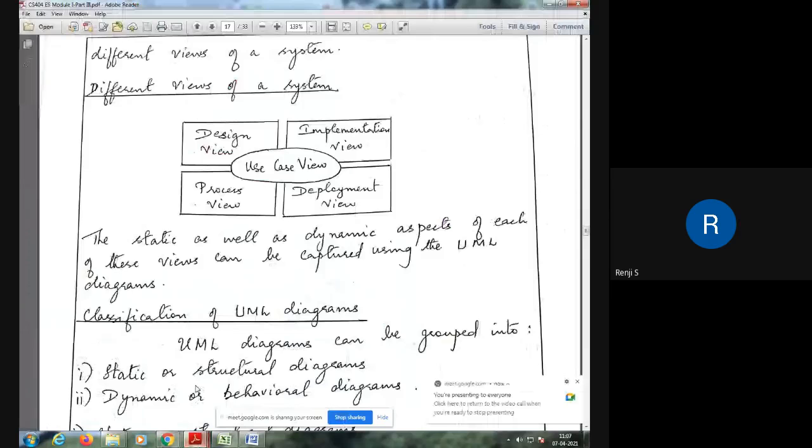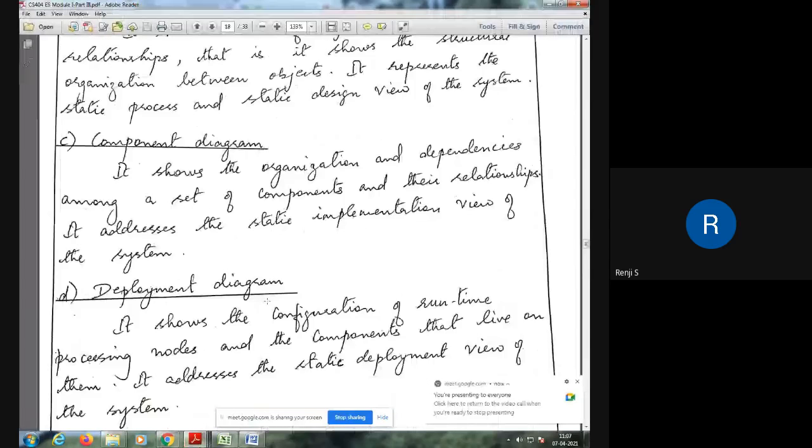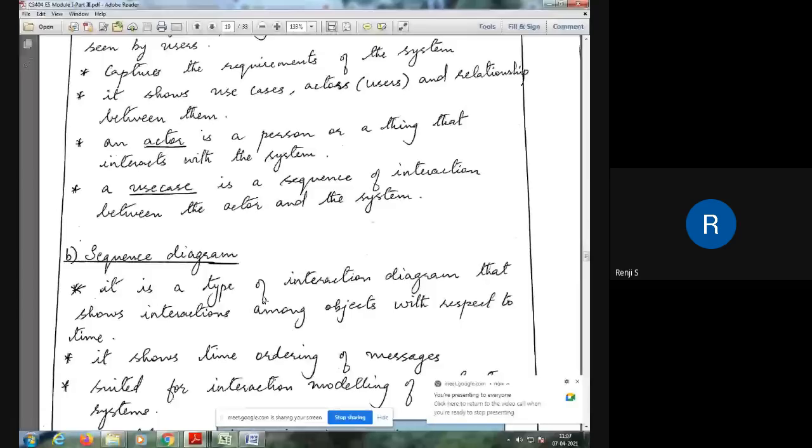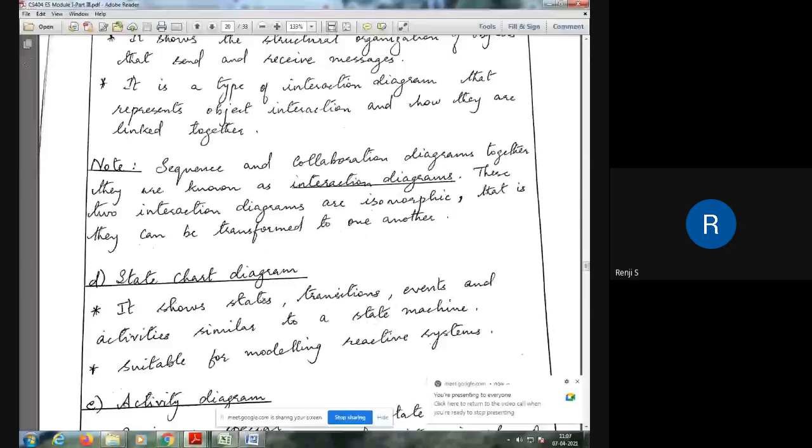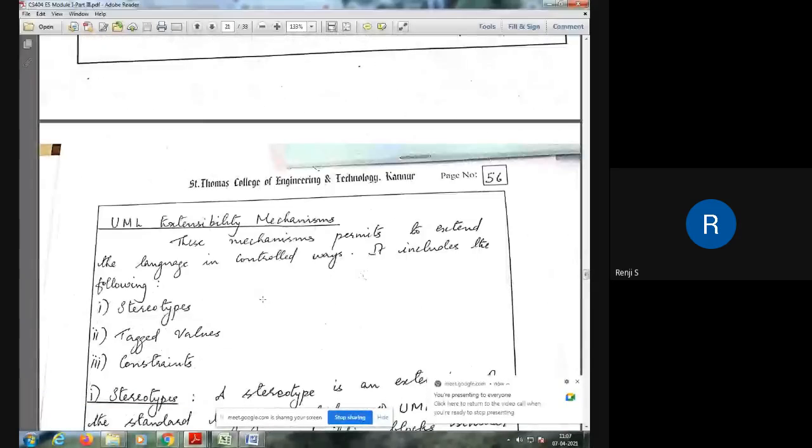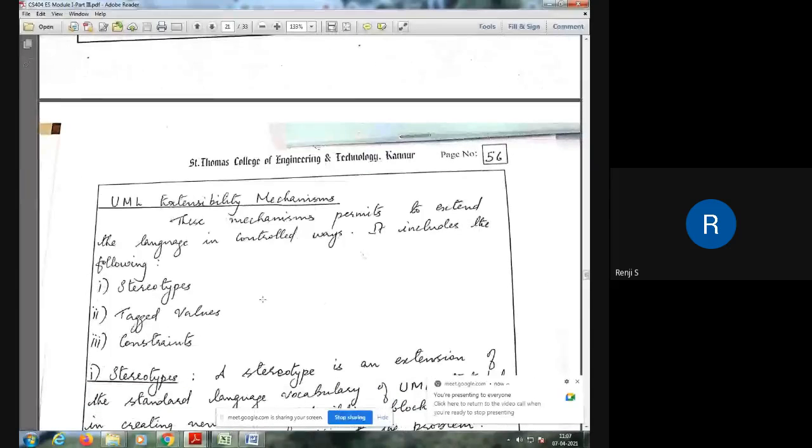So next, coming to the UML extensibility mechanism. It is a mechanism which helps the language to be extended in controlled ways.